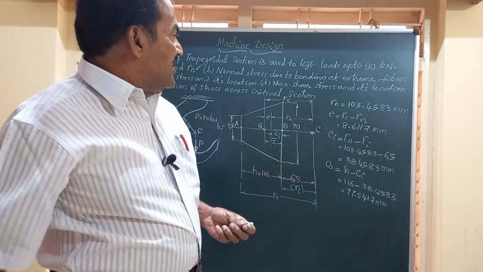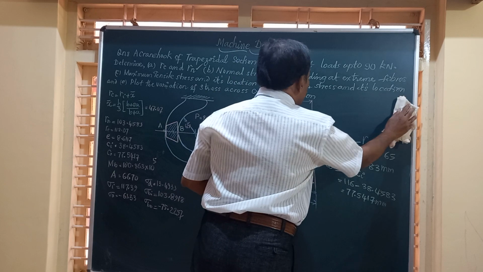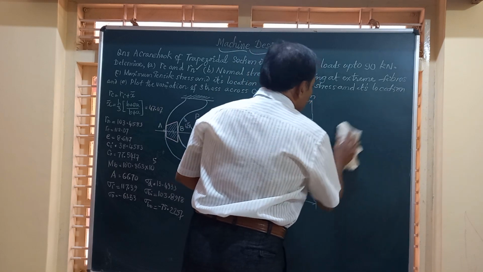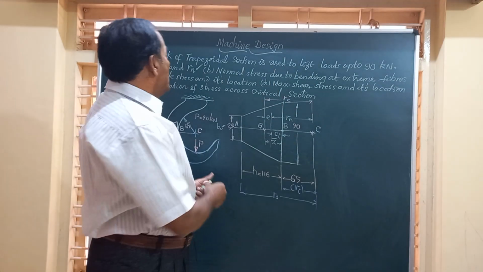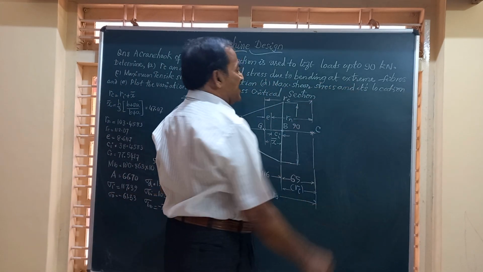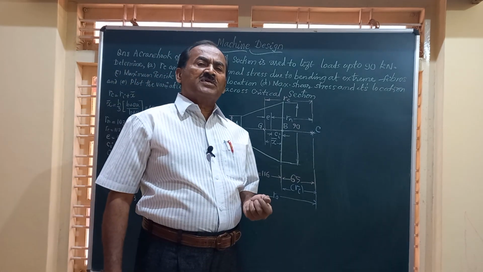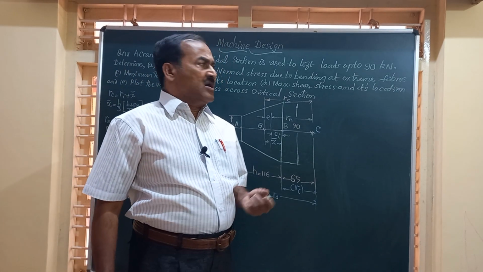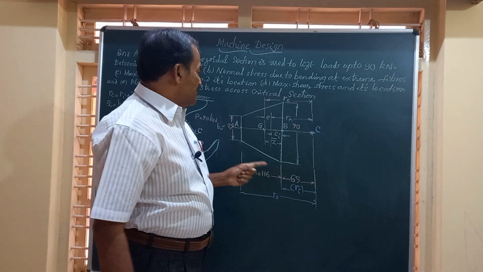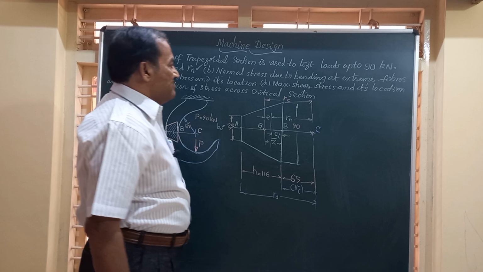Now let us go to the second part of the question. In the second part of the question, we have been asked to determine normal stress due to bending at the extreme fibers. The notation used for the normal stress due to bending at the extreme fibers, that is A and B. A is the outer fiber, B is the inner fiber.